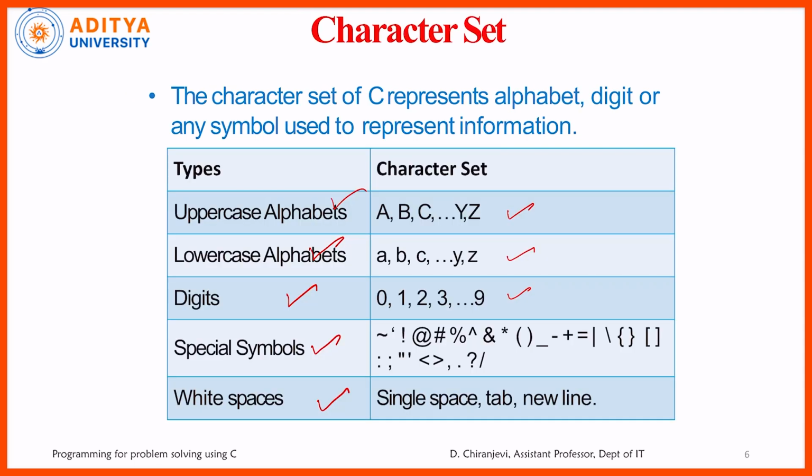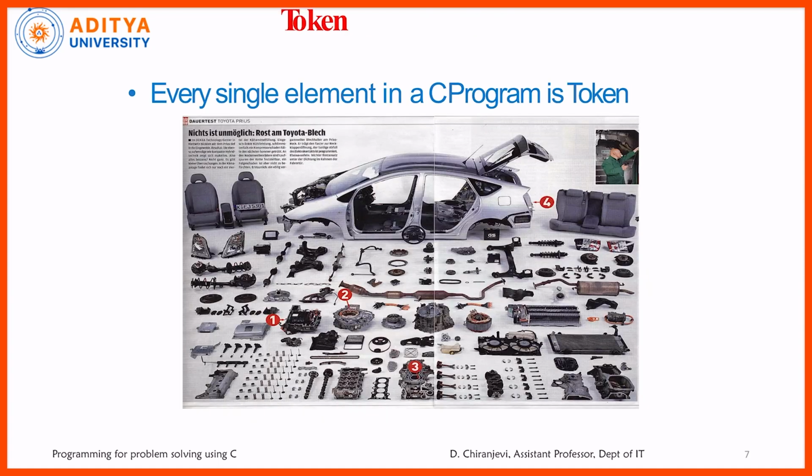Then token. Whatever you learnt in the character set, every small piece of information will be known as a token. Every single element in a C program you can call a token. Here you can see a car and its different parts are kept. Just to correlate with programming, what is a token?